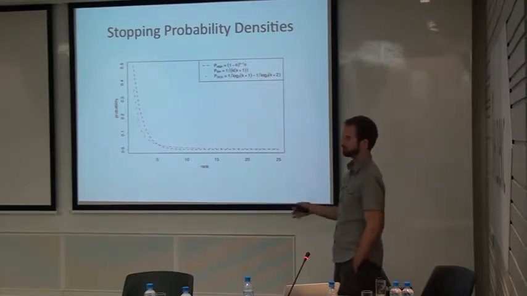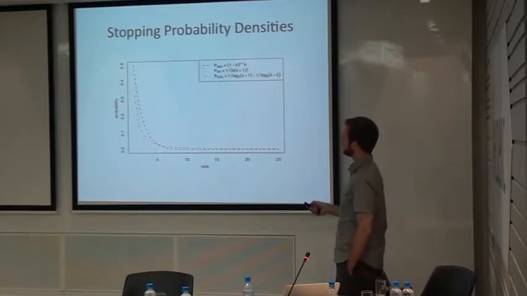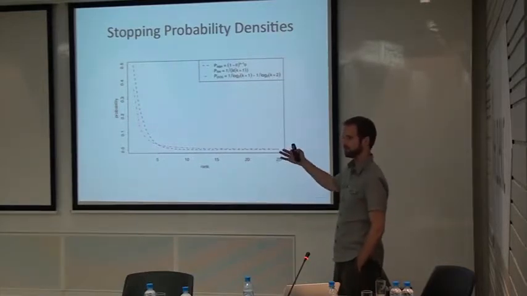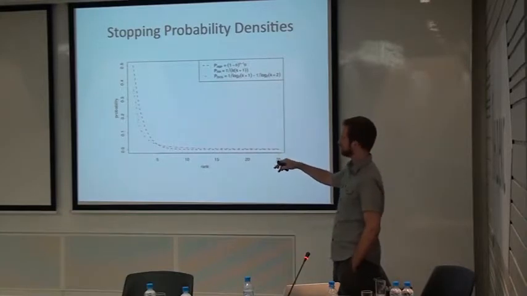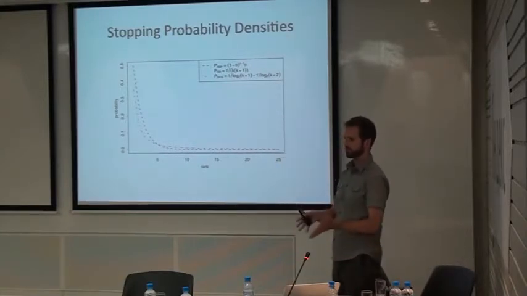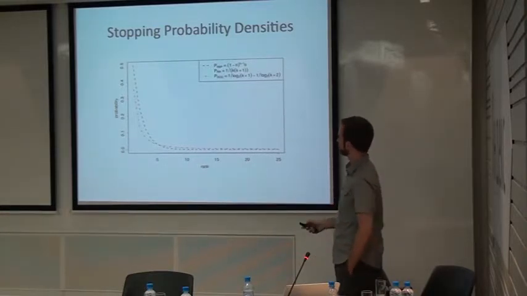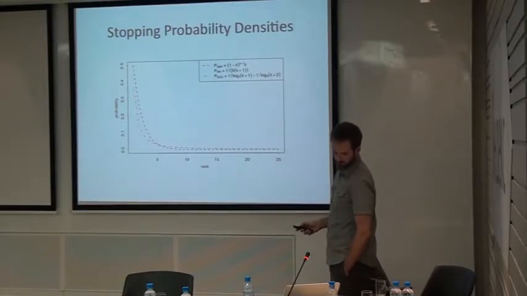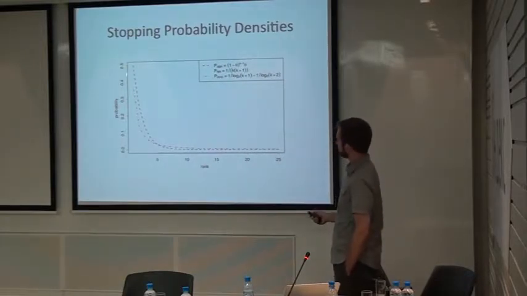In the expected cost framework, 1 over k is the cost, and this is the probability of stopping. So what this shows is that by changing where you put the parentheses in this expression, you can change it from a discounted gain-based measure to an expected utility measure.